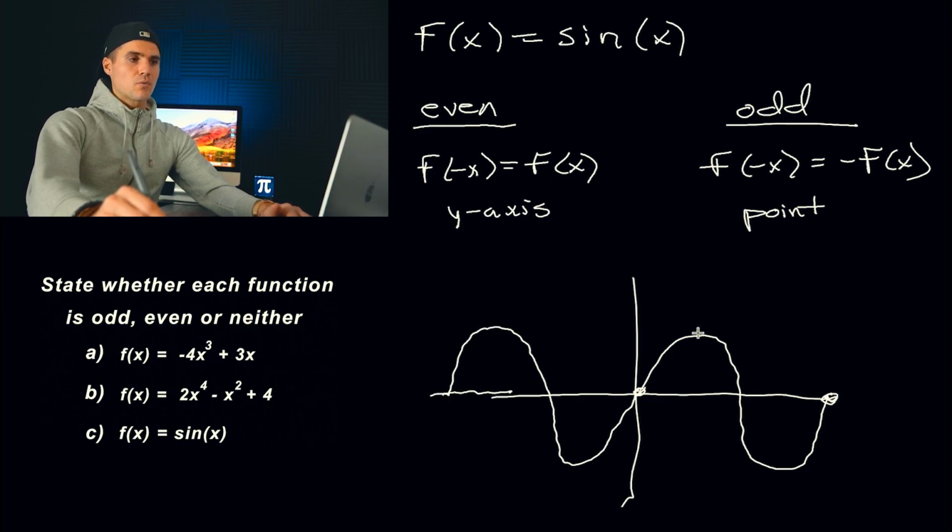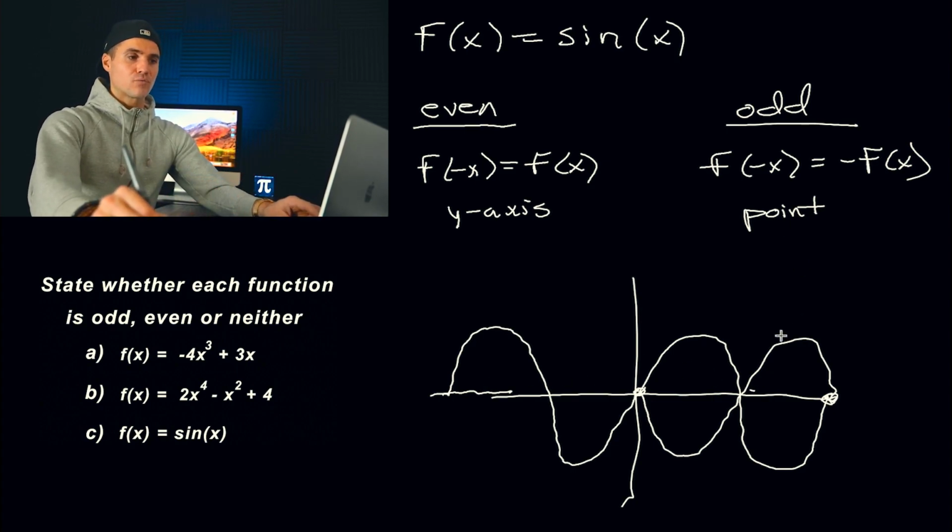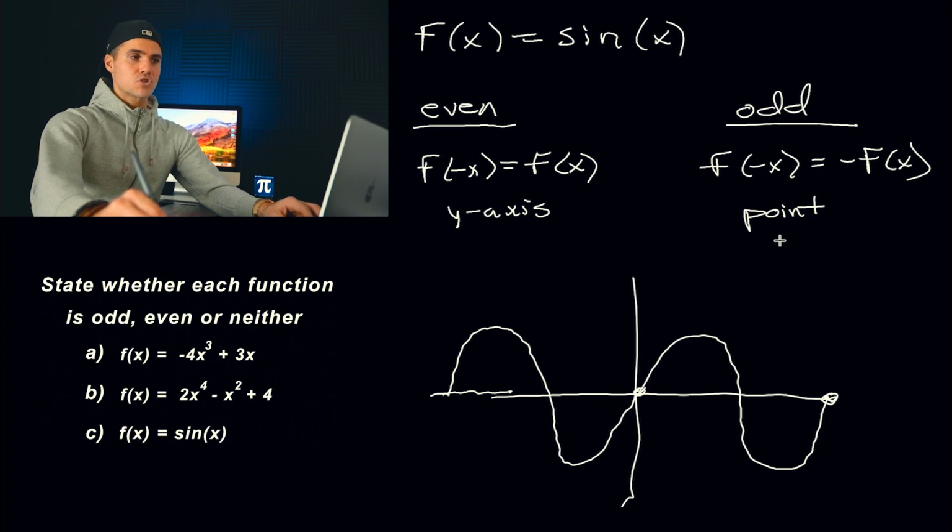And so remember, with an odd function, what we could do is we could reflect it in the x-axis and then reflect that in the y-axis, and we should get the other half of the graph, which indeed does happen here. So sine x, it actually has point symmetry, and so this function is odd.